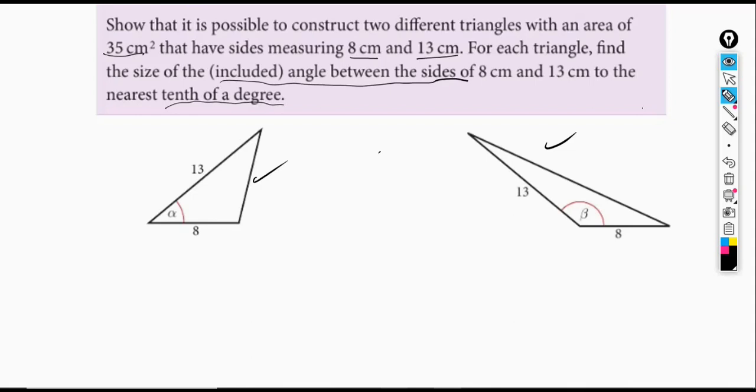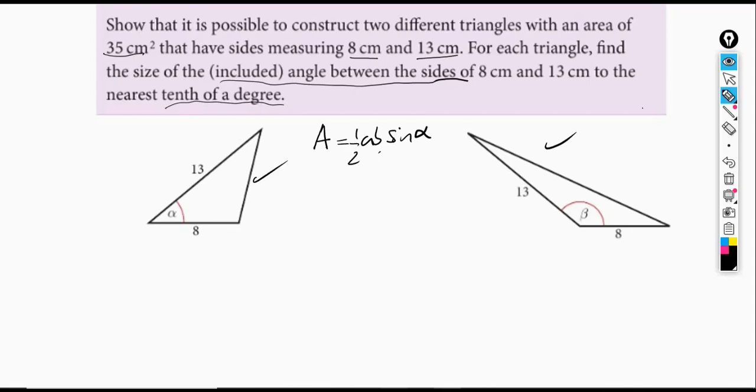All right, so for this we're going to use the formula that we learned earlier, which is that the area of a triangle, that is, if you have the angle included between the sides, is going to be 1/2 AB times sine of the angle. So sine of C normally, but in this case, we're going to say sine of alpha.